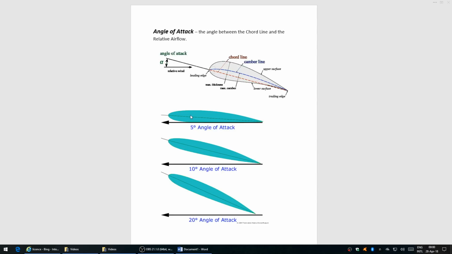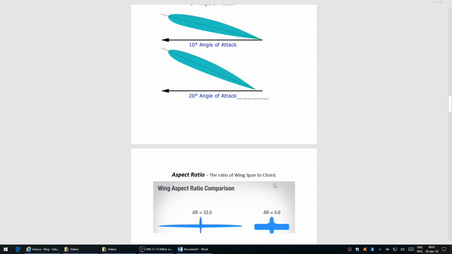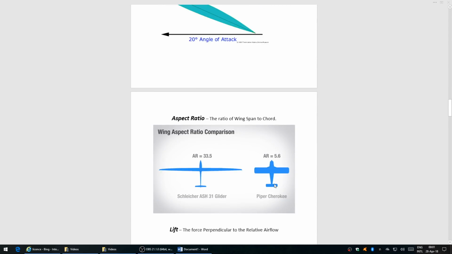And here we have three separate aerofoils, each at a different angle of attack. The top one has 5 degrees, the middle one has 10 degrees angle of attack, and the bottom one has 20 degrees angle of attack. Next we look at the aspect ratio. This is the ratio of the wingspan to the chord.